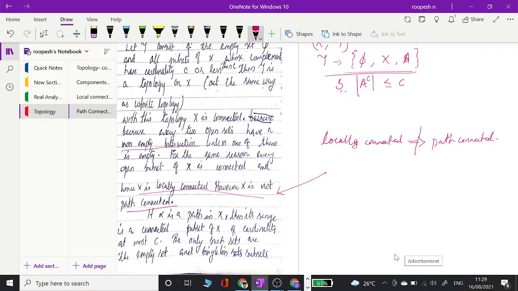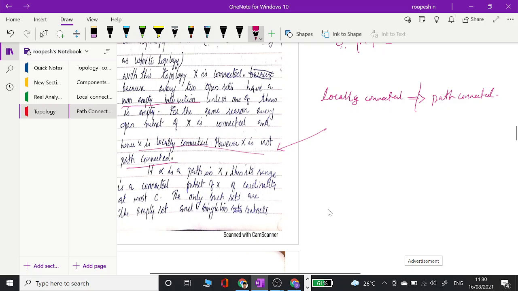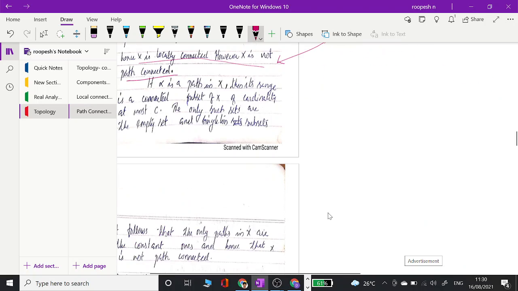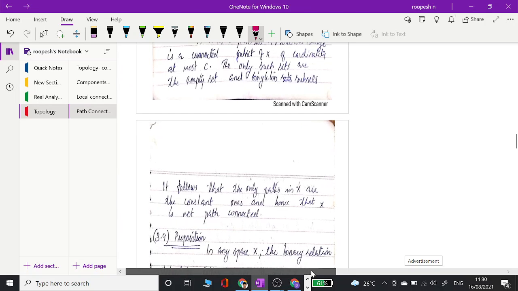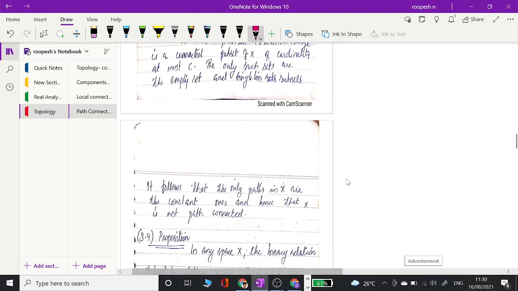Now if alpha is a path in X, then its range is a connected subset of X of cardinality at most C. Then the only such sets are the empty set and singleton subsets. It follows that the only paths in X are the constant paths, and hence X is not path connected.